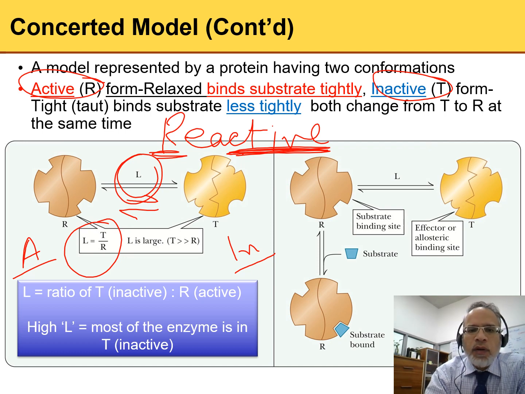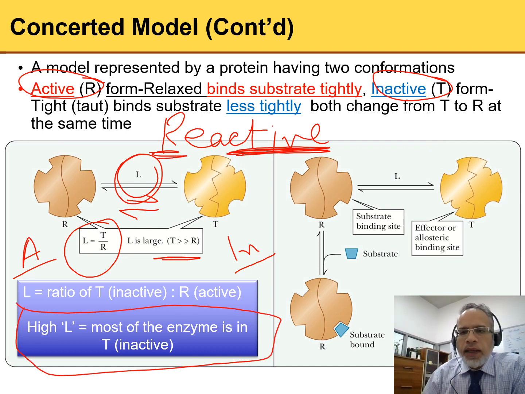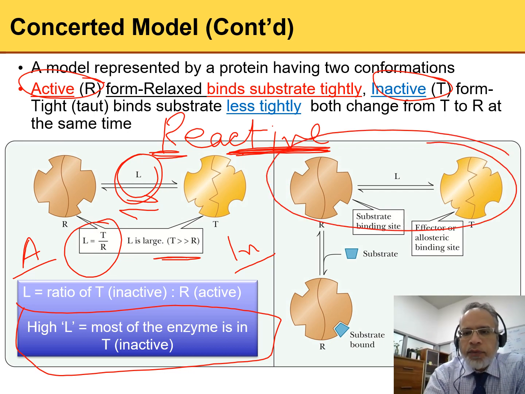If L is small, then it is mostly in the active form. So a high L means most of the enzyme is in the inactive form. Now, if you put in a substrate, the substrate will bind to the R form of the enzyme and form this ES complex.